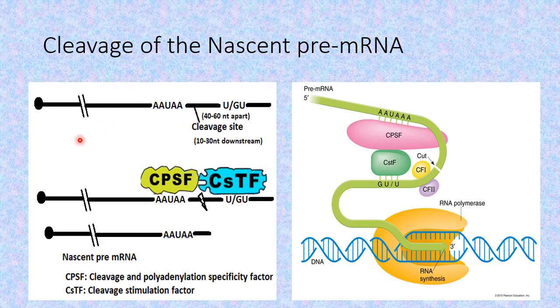Now on the tail of the polymerase enzyme, certain other factors are also present, and two such factors are the CPSF, the cleavage and polyadenylation specificity factor, and the CSTF, that is cleavage stimulation factor. They are basically present on the tail of RNA polymerase.